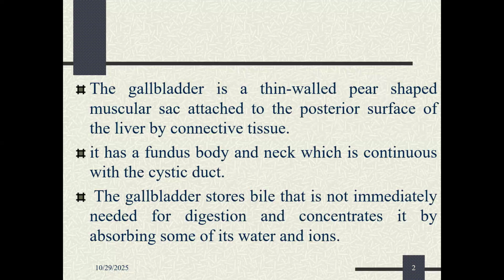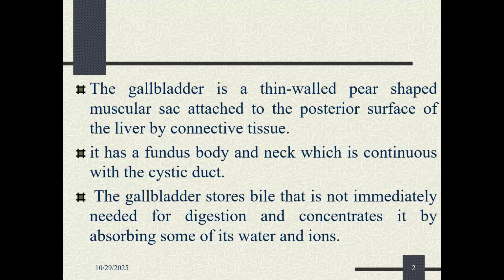So firstly, we understand that the gallbladder is a thin-walled, pear-shaped muscular sac that is attached to the posterior surface of the liver by connective tissues. It has a fundus, body and neck, which is continuous with the cystic duct.